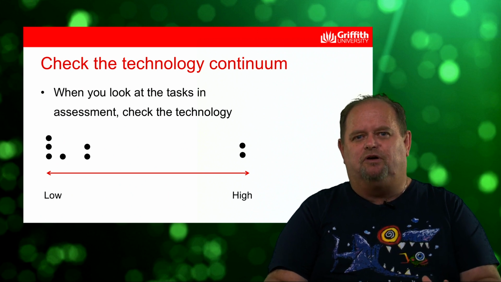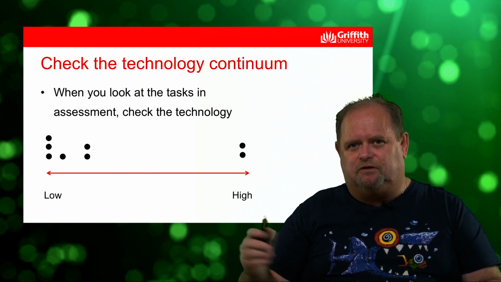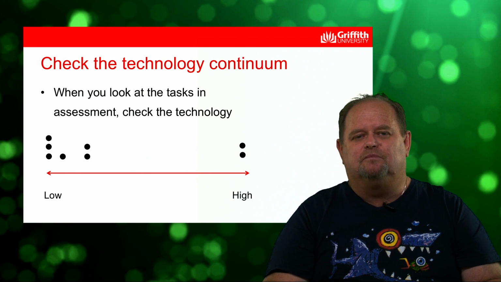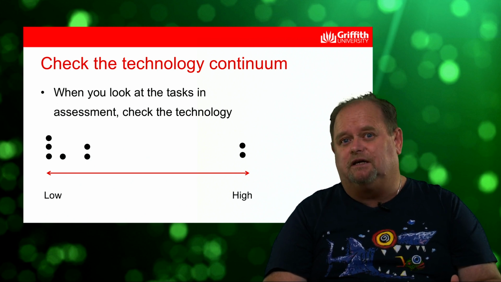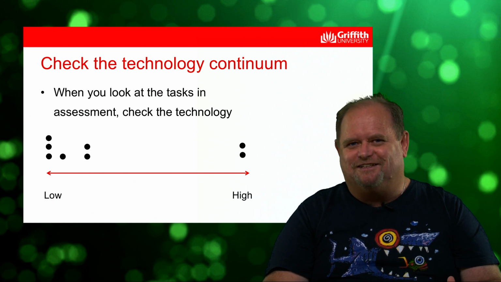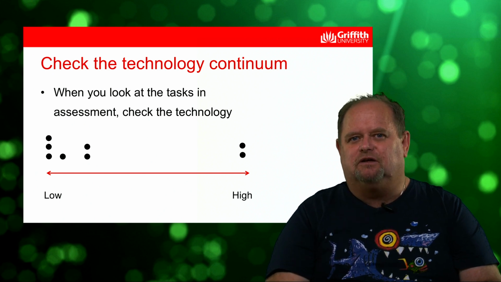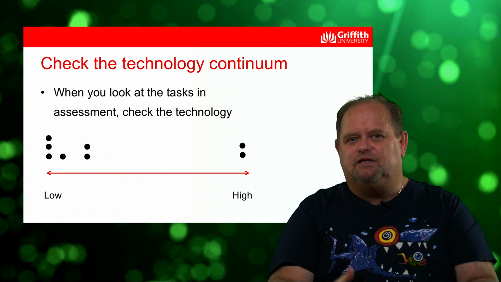What I do is put a continuum there from low use of technology up to high use of technology. I think I just did that the wrong way around. If I look at the little dots there, I would then analyse it and say, am I doing the best thing for the kids? Because that's who we're doing it for. Is this really the best way in which I can use technology to help the students? So there's one thing you can do.